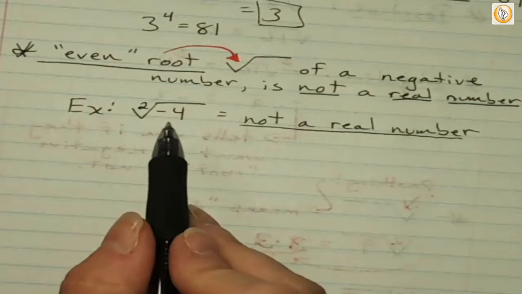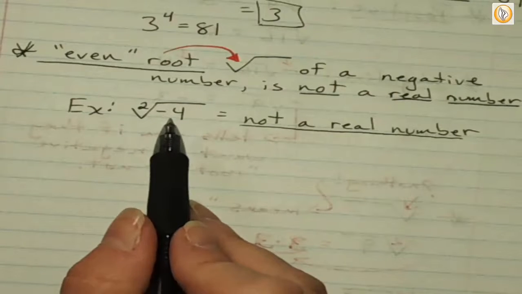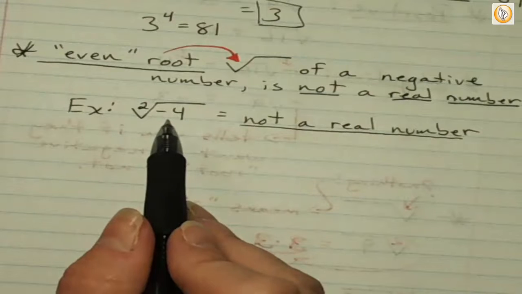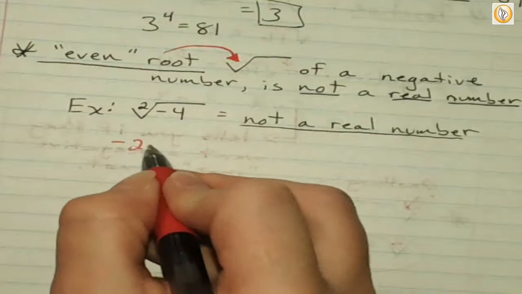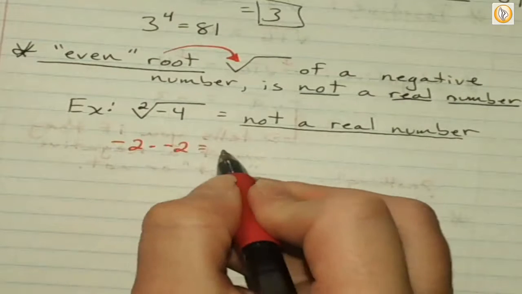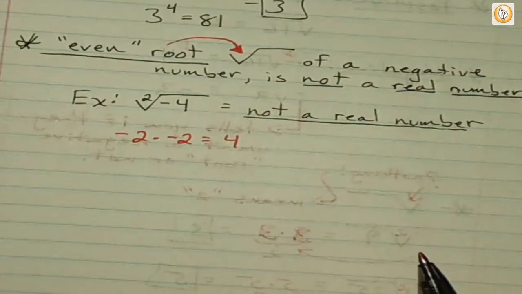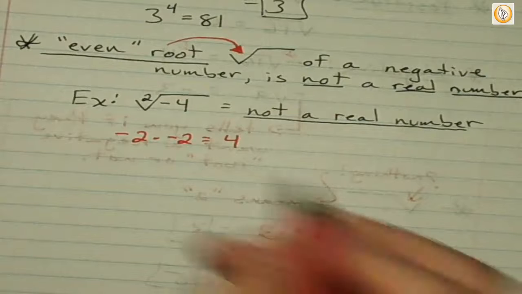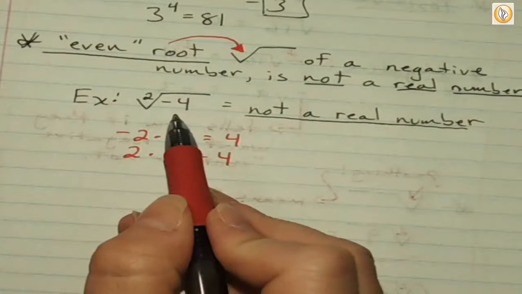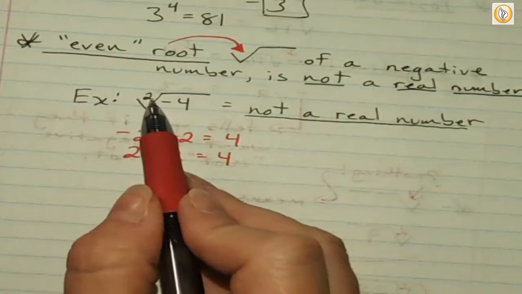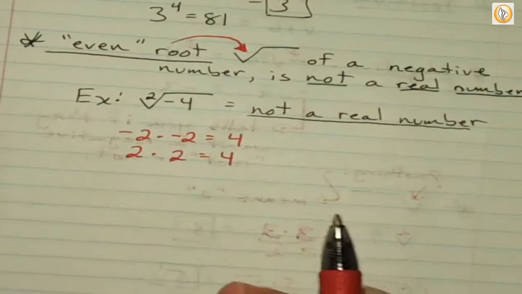Any number multiplied by itself will never give you a negative. Right? Because look, negative 2 times negative 2 is positive 4, and positive 2 times positive 2 is also positive 4. There's never a way to get a negative radicand if the root is even.